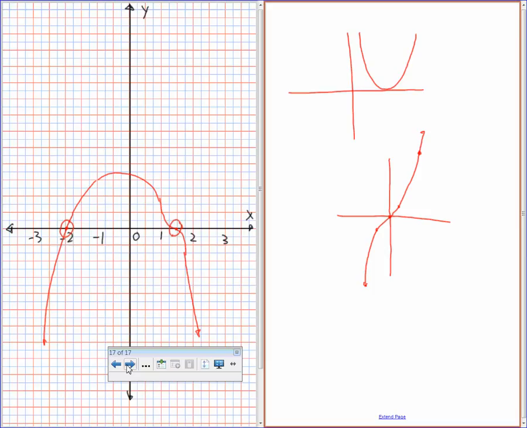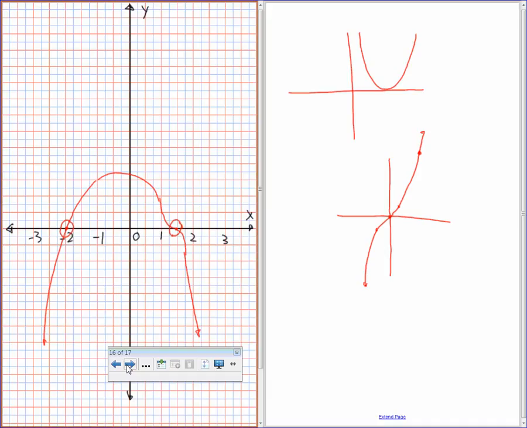That's the only difference between those two graphs, just a little bit of a wiggle to it. This is still only going through it once, so that's a cubic graph. If there's only one x-intercept to that, it only hits once.